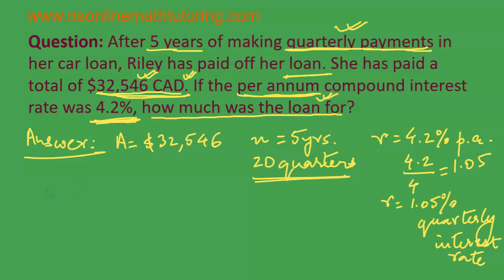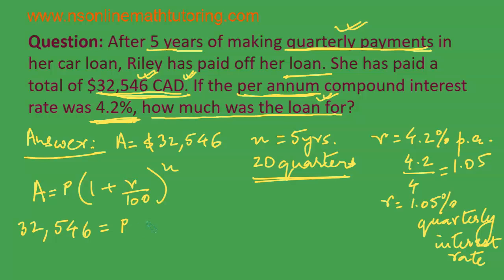So now again we will be applying the formula. A is equal to P into 1 plus R over 100 to the power of N. So in this case A is 32,546, which is equal to P into 1 plus 1.05 divided by 100 to the power of 20.